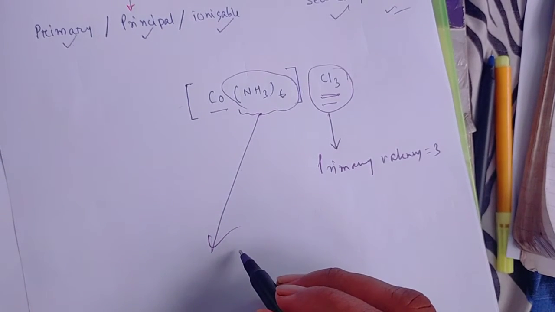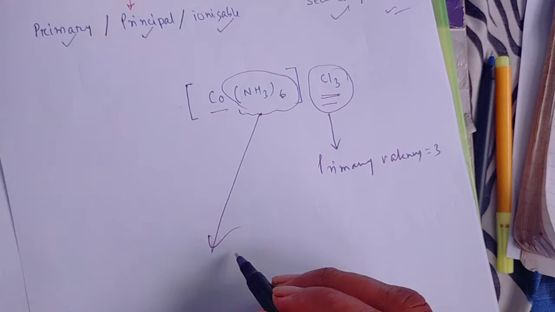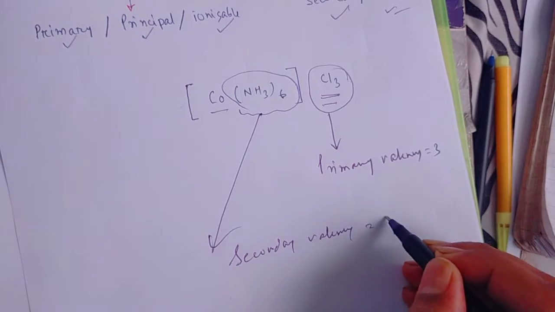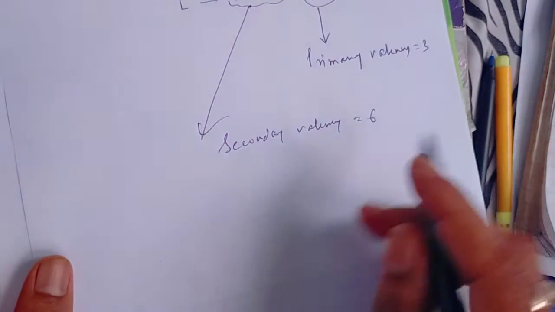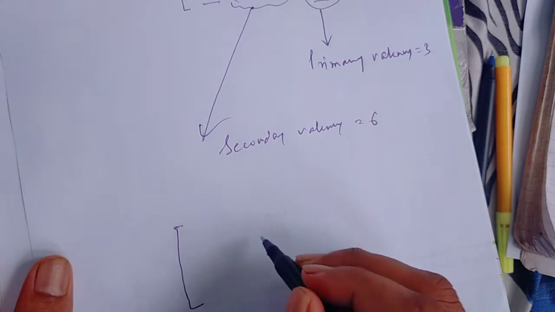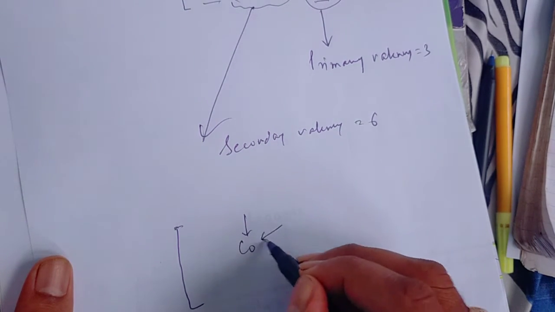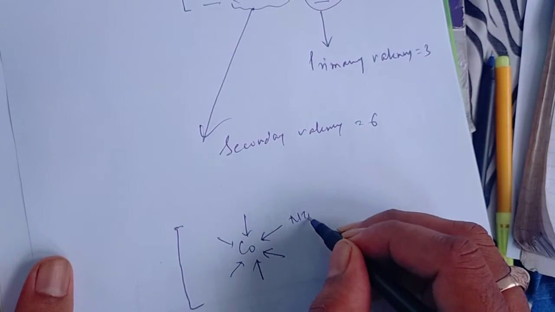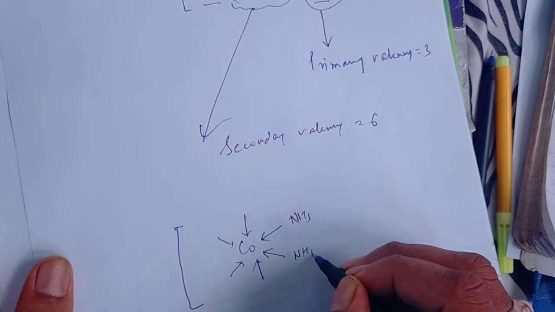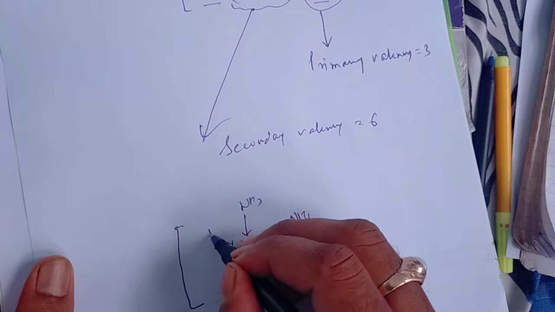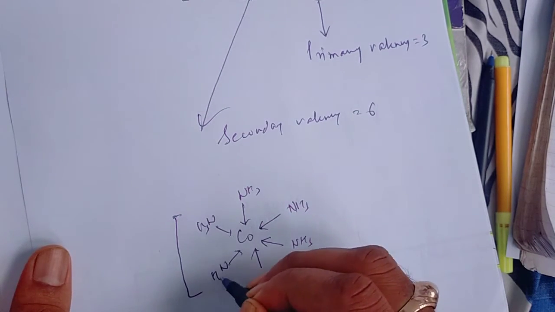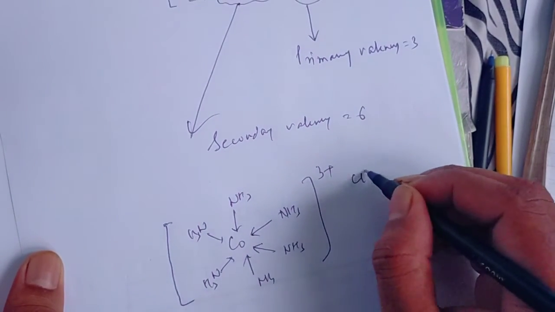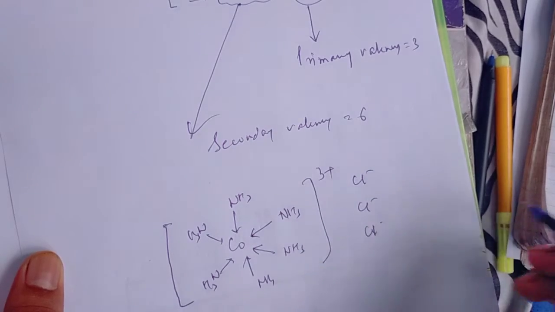Here the secondary valency is equal to 6. Actually, cobalt forms 6 bonds like that, with NH3, NH3, NH3, NH3, NH3, NH3. The whole complex takes a charge of plus 3, with Cl negative, Cl negative, Cl negative.